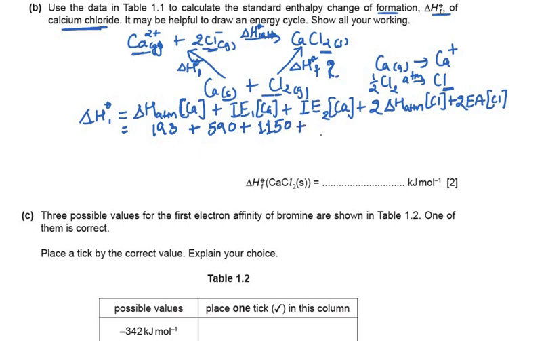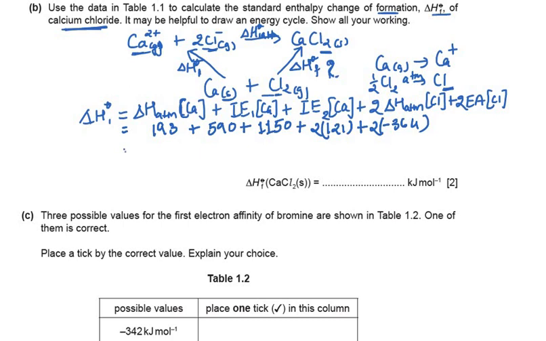Plus the atomization of chlorine. Now the atomization of chlorine is 121, I should multiply that with 2. And again the electron affinity of chlorine is -364. Again that has to be multiplied by 2. So this is how delta H1 will be obtained.